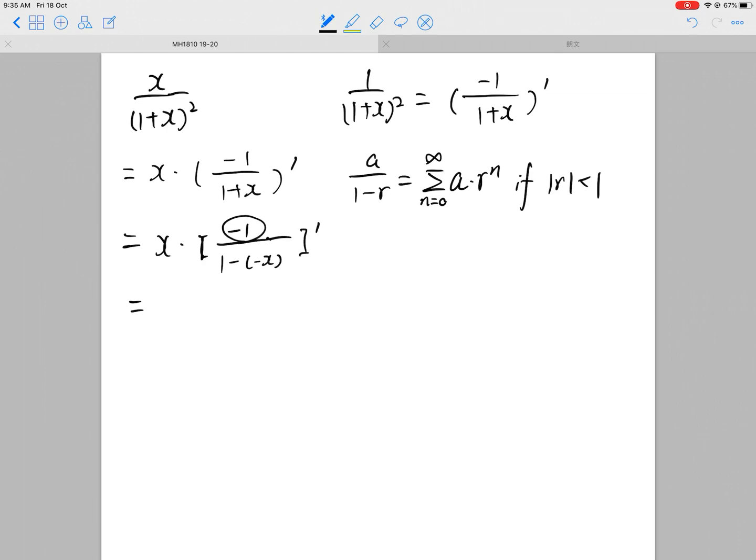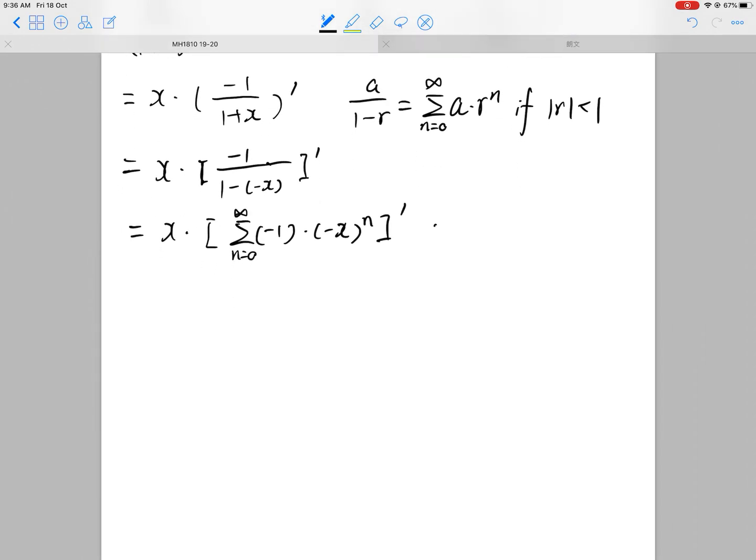So this part a is negative 1, so it's x times the summation n from 0 to infinity. A is negative 1. Right, what is your r? r is negative x, to the power of n, derivative, if the absolute value of negative x is smaller than 1.